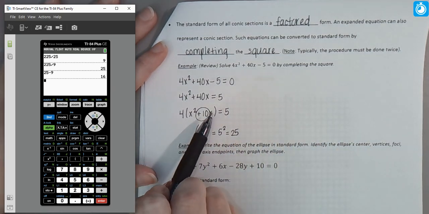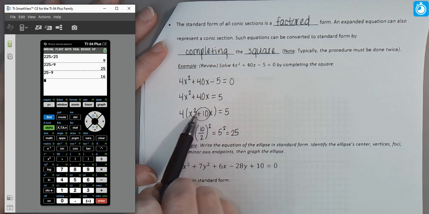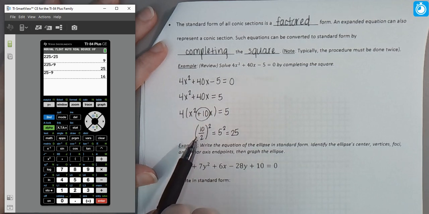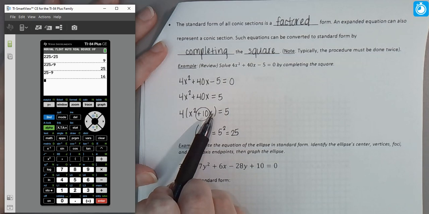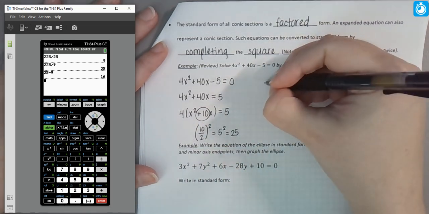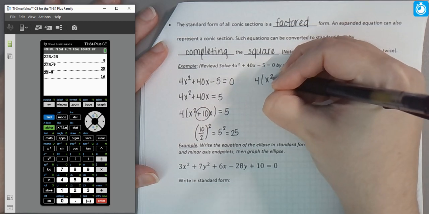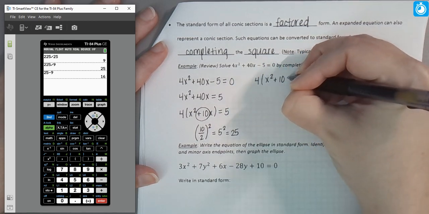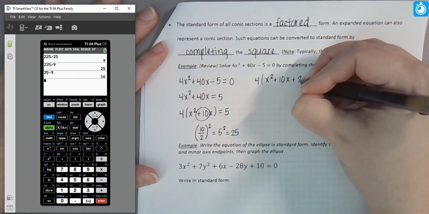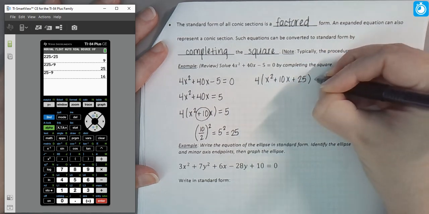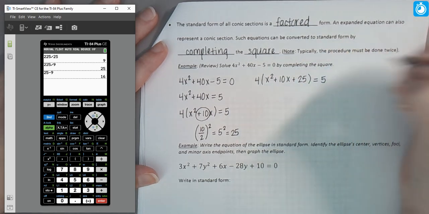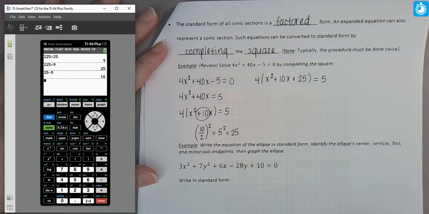So inside parentheses, where I want to create a specific kind of trinomial, I'm going to add on that 25. Now the 4 is still on the outside, and I'm going to leave it on the outside. I'm just going to add in that 25 inside the parentheses. Now, whatever I do to one side of an equation, I have to do to the other side in order to keep things in balance.